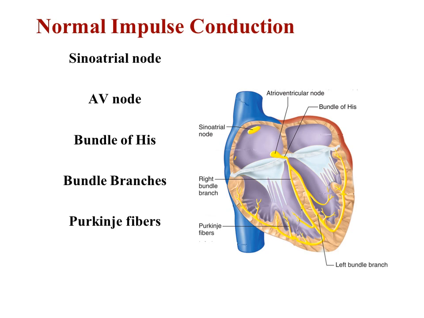We will repeat in this slide the normal impulse conduction. First, the SA node. The SA node is located at the junction of the superior vena cava with the right atrium. It generates impulses spontaneously. من وحدها تسوي نبضات. هاي النبضات تنتقل بال internodal pathways to the AV node.